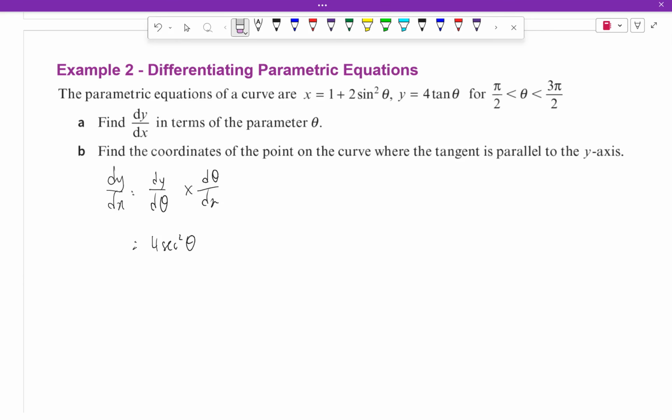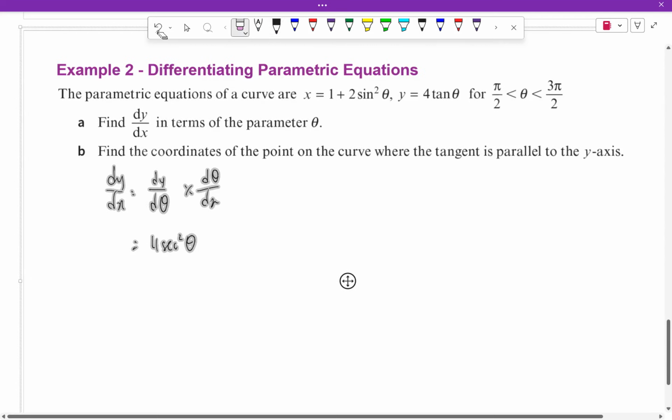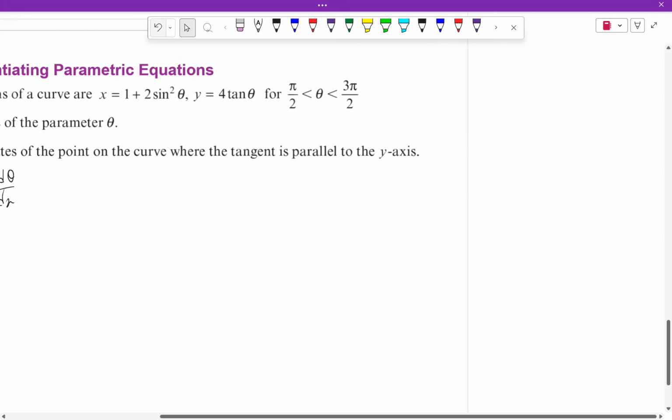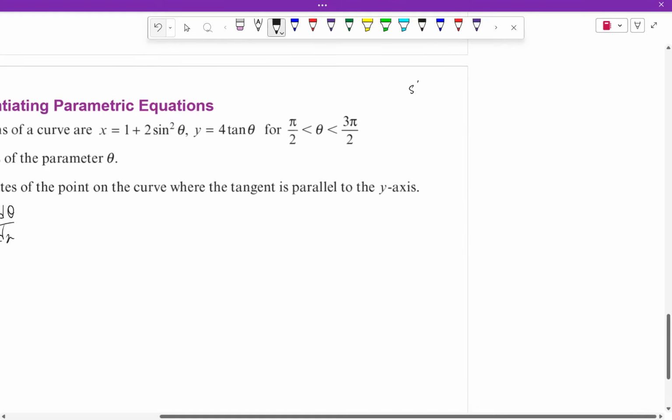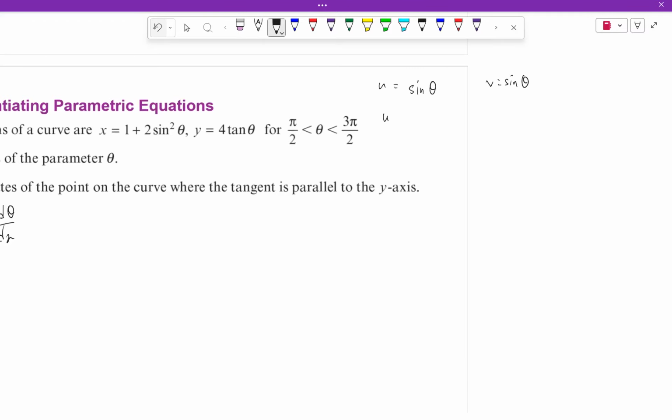So the differentiation obviously will go out, but we can do product rule on that. So u equals 2 sine theta and v equals sine theta, like that. So u dash equals 2 cos theta, v dash equals cos theta. Cross cross.